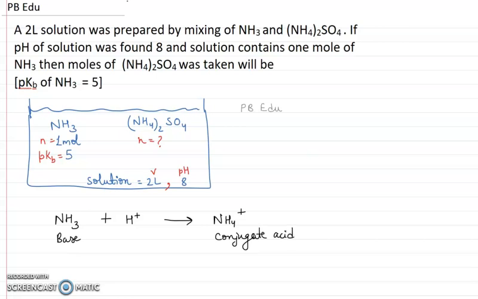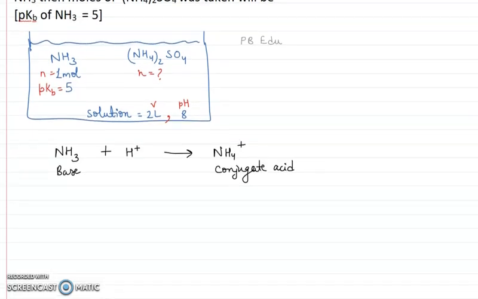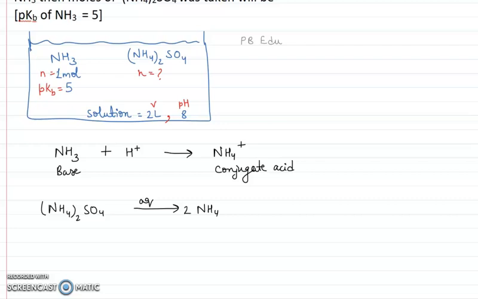Like that, if we see ammonium sulfate, (NH4)2SO4, it is a salt. In aqueous medium, it would break down into positive and negative ions, NH4 plus and SO4 2 minus.